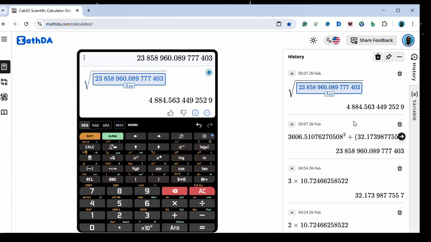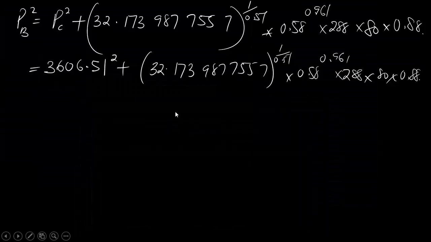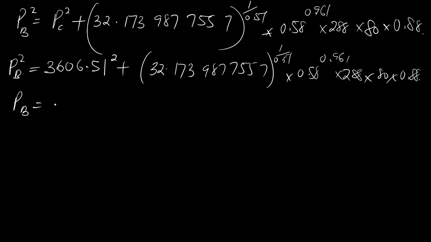488.563, so now that means PB square. So PB will now be equal to what? 4,884.563,449,252,9.